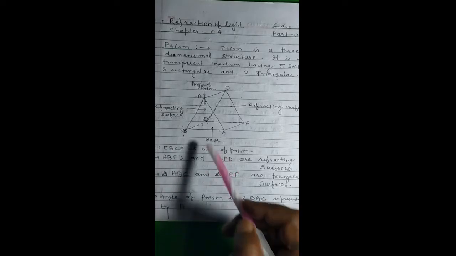A, B, E, D and A, C, F, D are the refracting surfaces. A, B, C and D, E, F are triangular surfaces. Angle of prism, angle BAC, is denoted by A.